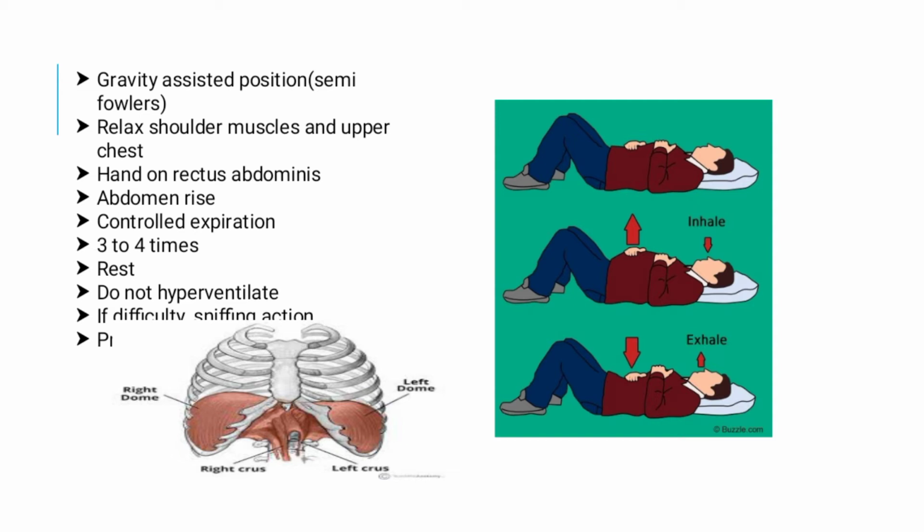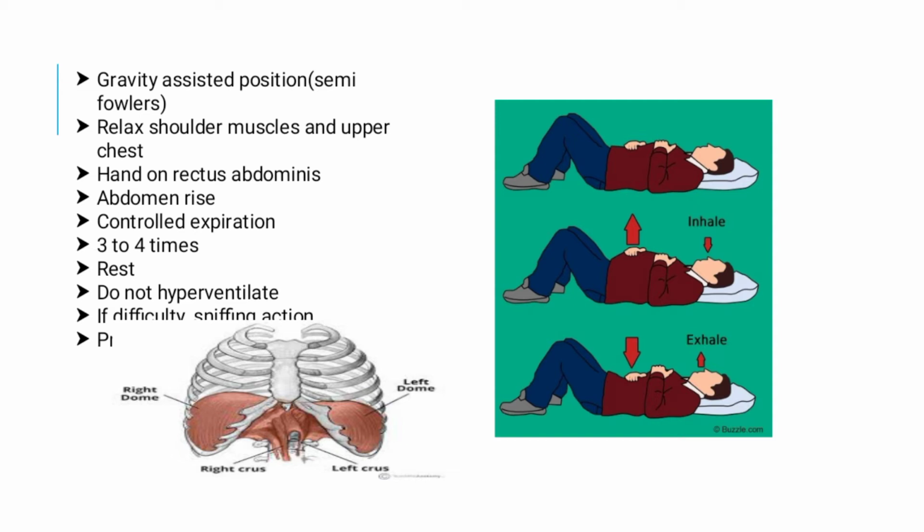Why we adopt this position is, if the patient is using accessory muscles of inspiration, the work of breathing is increased, so their diaphragm will be inactive. In order to get a relaxed position of the diaphragm, we adopt this position in patients. So you need to place in semi-Fowler's position the patients who are using accessory muscles of respiration.